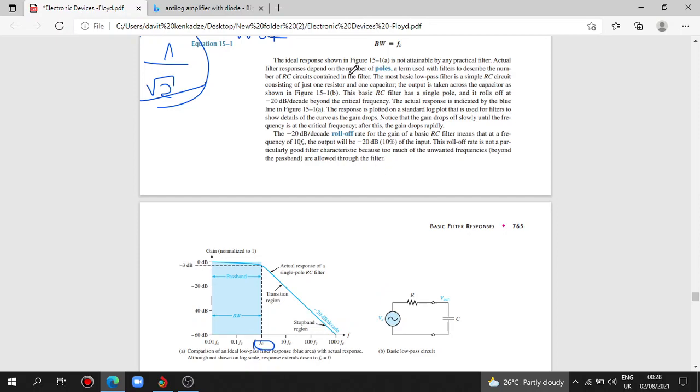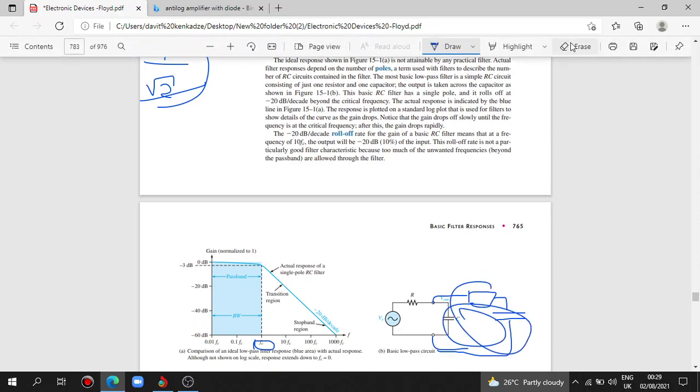The ideal response shown is not actual. Filter responses depend on the number of poles. The term poles describes the number of RC circuits contained in the filter. The number of RC circuits is very important, because each RC circuit acts like a load on the other RC circuit, and that changes something, and we'll see what it changes.